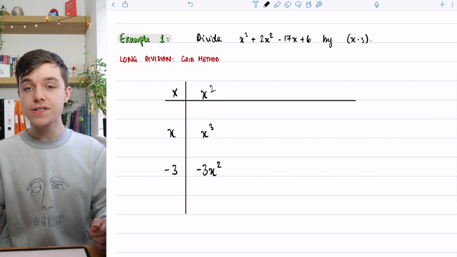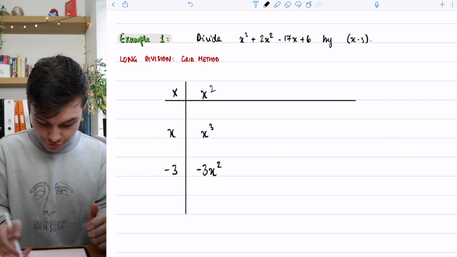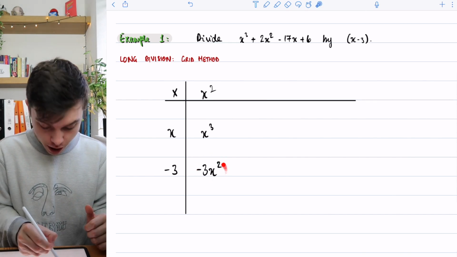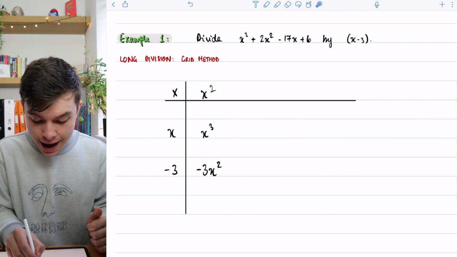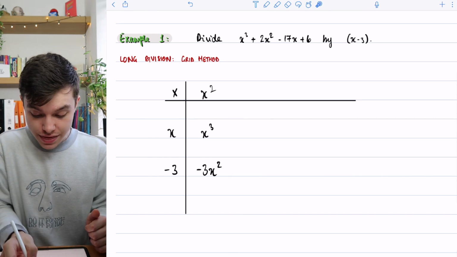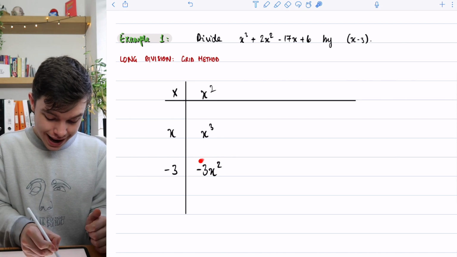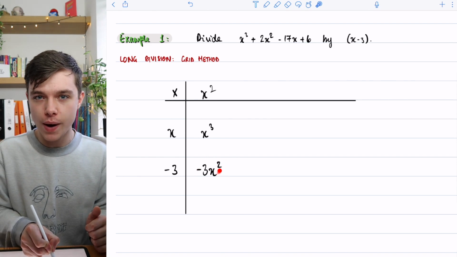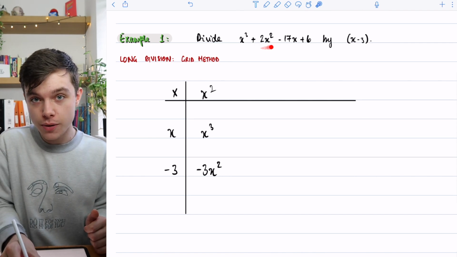We are then going to go back and look at the x squared terms. We have finished with the x squared terms here. So we need to think, in our question, what we're dealing with is 2x squareds. At the minute, I have minus 3x squareds. I don't want minus 3x squareds, I want 2x squareds.